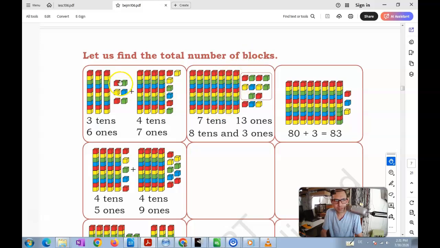And then 6 plus 7 is 13 ones. Of the 13 ones, 10 of them you take away as one group of 10, and then you have 8 groups of 10 plus 3 loose ones. So 8 groups of 10 is 80 plus 3 would be 83, right? So that's how you can do your calculation.